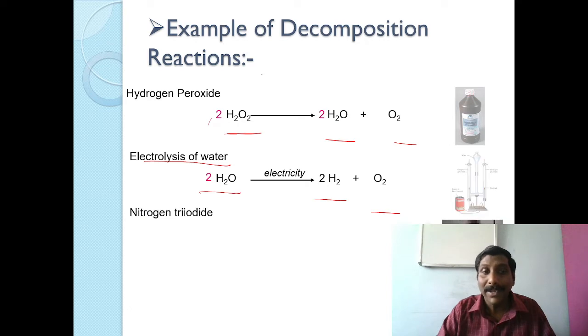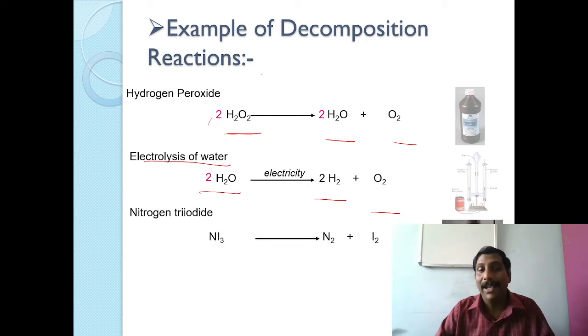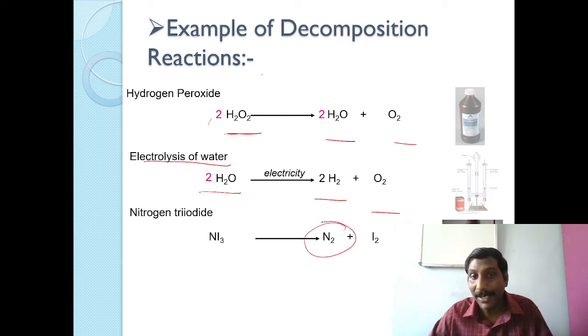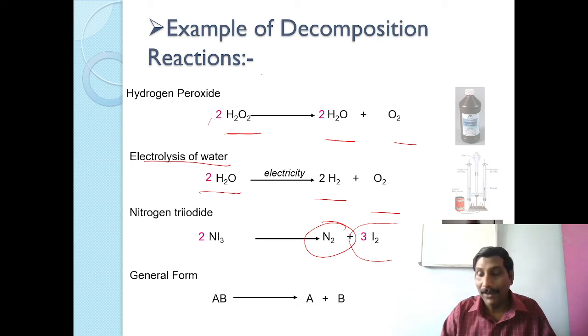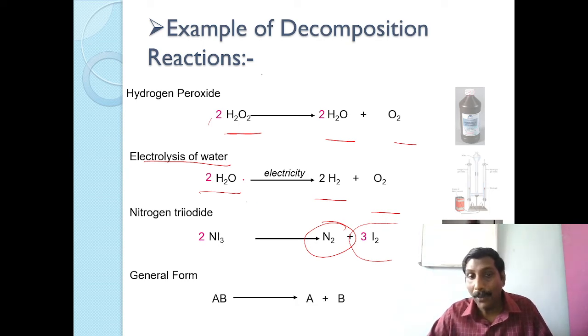Third one is nitrogen triiodide, NI3. This nitrogen triiodide also undergoes decomposition to generate nitrogen and iodine. We will also discuss the general formula of this decomposition reaction.